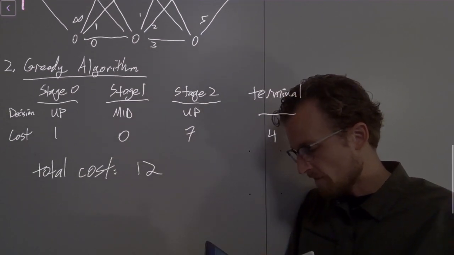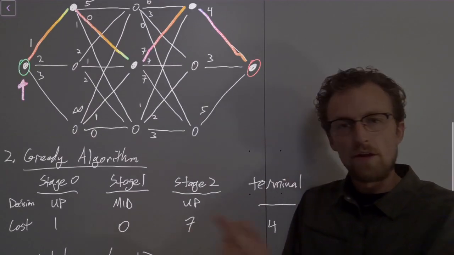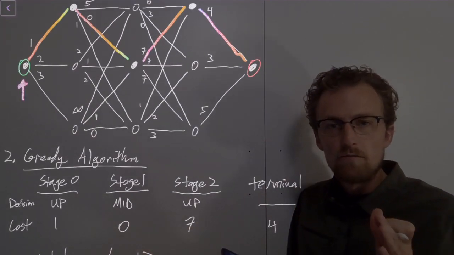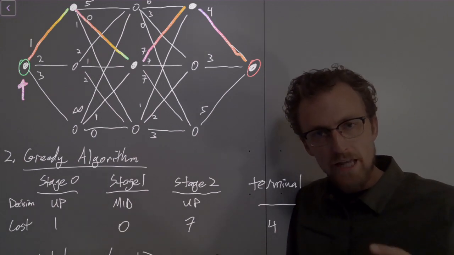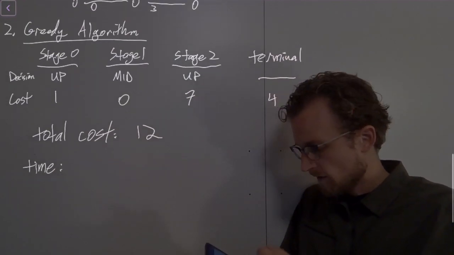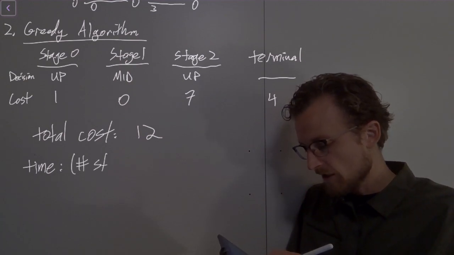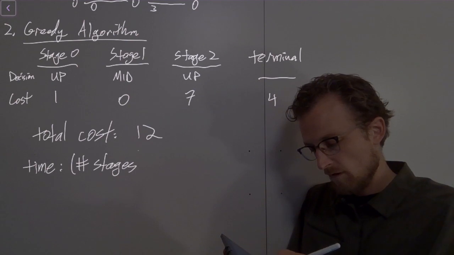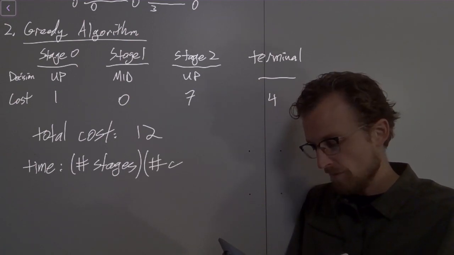If we want to generalize that, our time is the number of stages, multiplied by the number of choices that exist at each stage. So here it's the number of stages times the number of choices per stage.